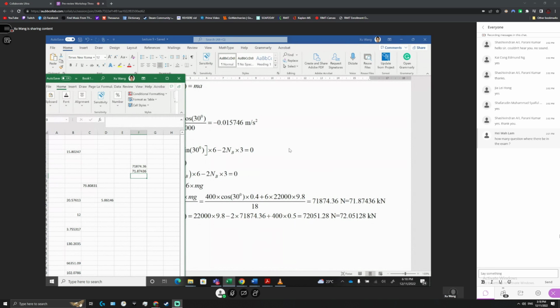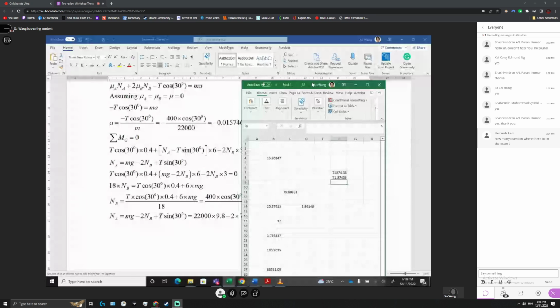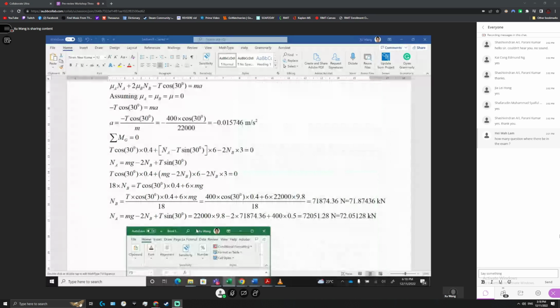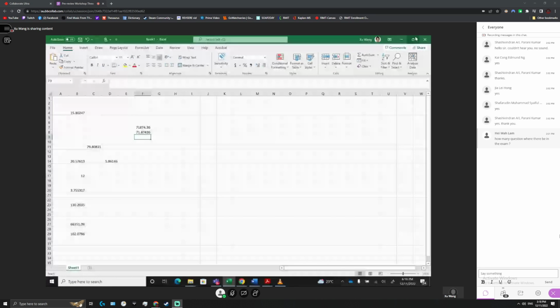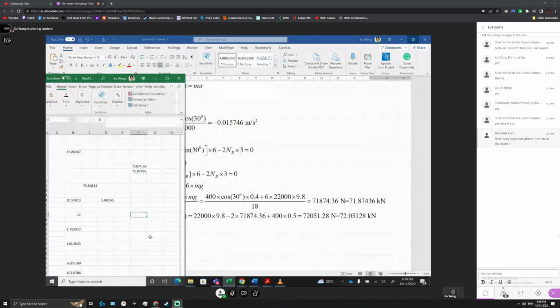And after that you calculate. So this is NB. What is NA? For NA, you use this formula, with this MB. NA should be equal to 22,000 multiply 9.8, minus 2 multiply 7. So you copy, to save time. Directly select this, in SI units, don't use kilonewton.